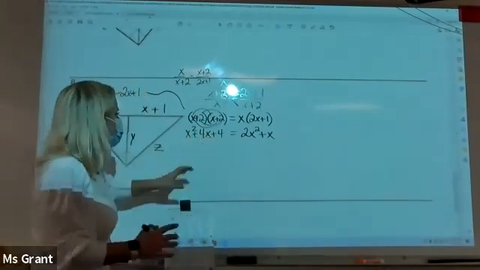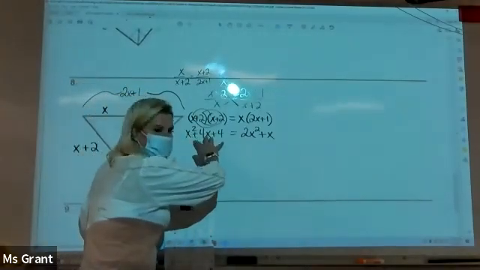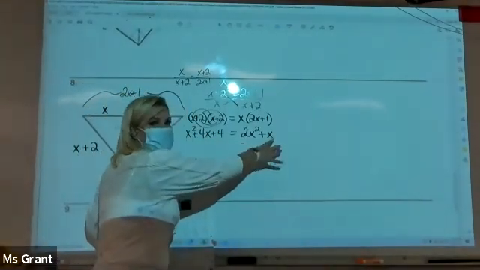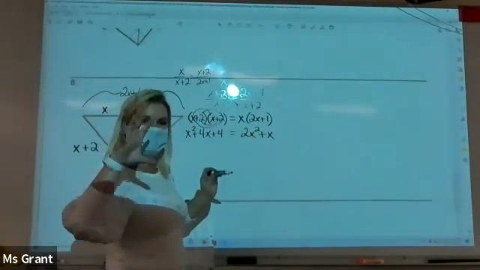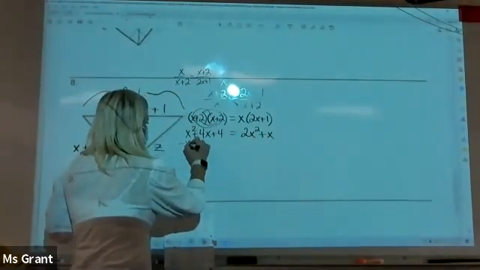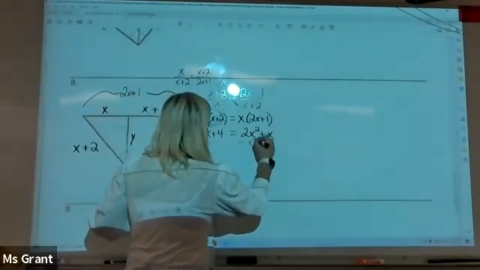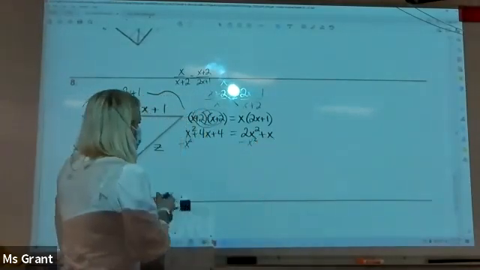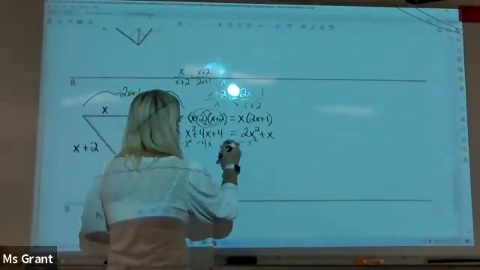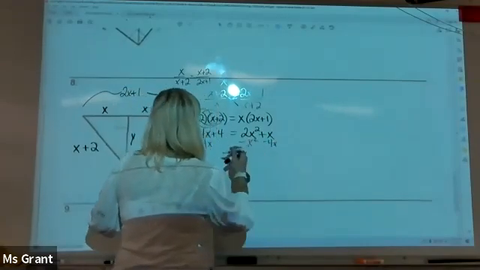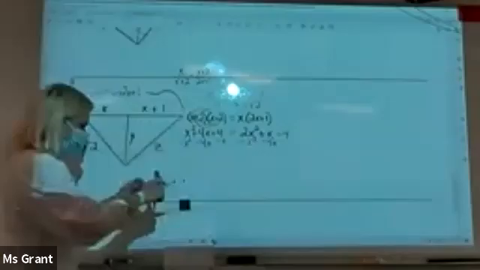So I'm going to have to bring this trinomial over to the right so that my x squared is positive. Can I do multiple steps at once? Are you guys cool with that? Yes. Okay, here we go.